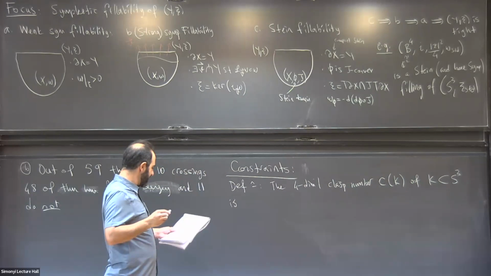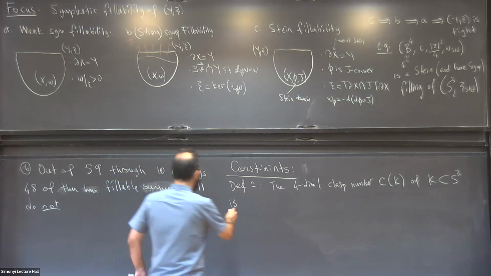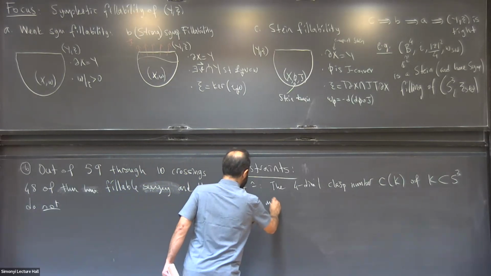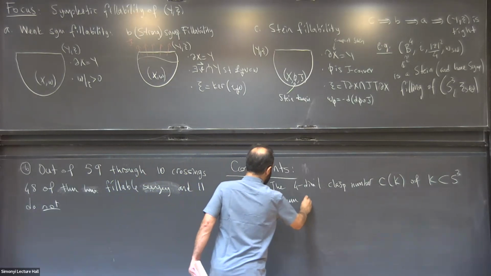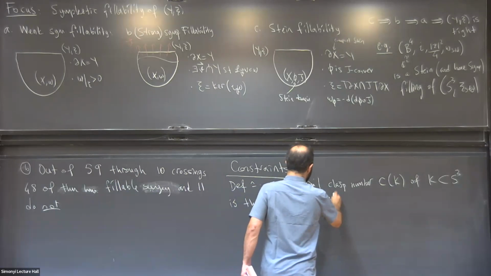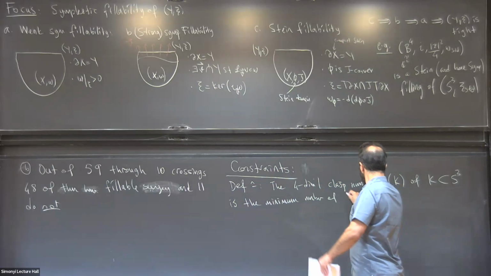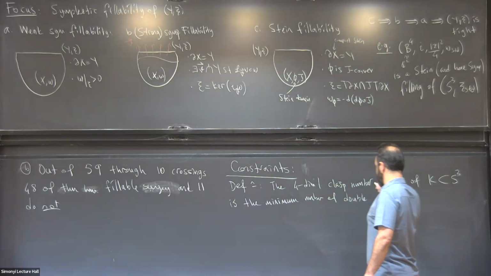What is that? It's the following quantity. It's the minimum number of double points, positive or negative, I don't care. It's a smooth invariant.